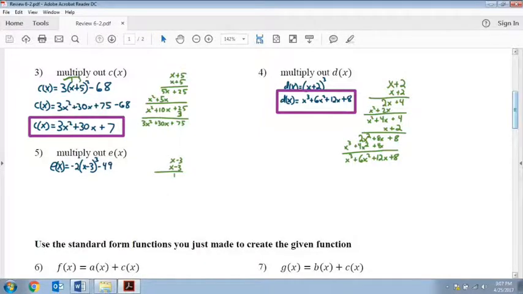Negative 3 times negative 3 is positive 9. Negative 3 times x is negative 3x. X times negative 3 is negative 3x. And x times x is x squared. Let's combine our terms. So we get x squared minus 6x plus 9.